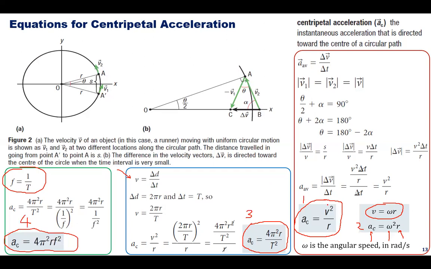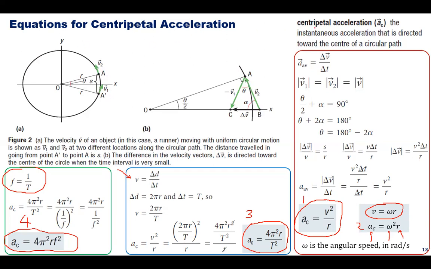Depending on which input you have, whether you have a linear speed, angular speed, period, or frequency, you can refer to different formulas, but the essence, the nature of these formulas are actually the same, right? Okay, so in summary, we now have 4 equations to determine the magnitude of the centripetal acceleration. When dealing with vectors of this acceleration, remember that centripetal acceleration always points toward the center of the circle.